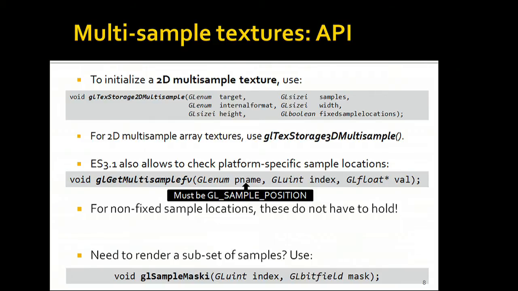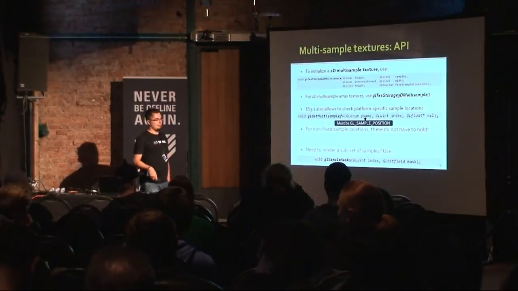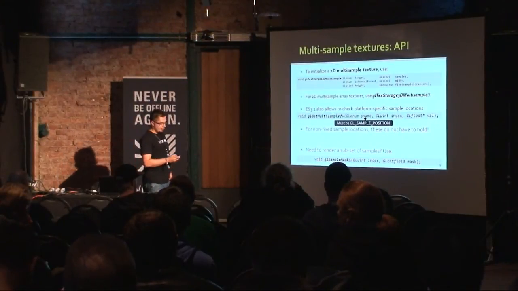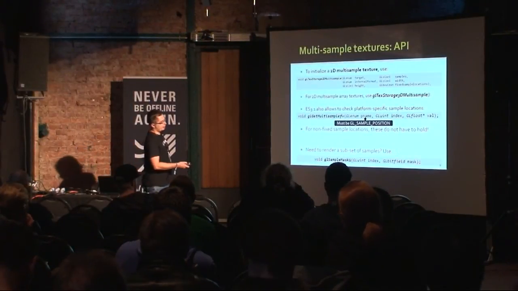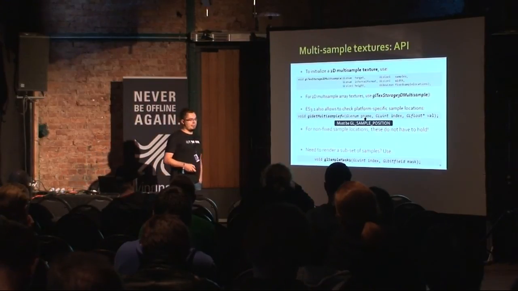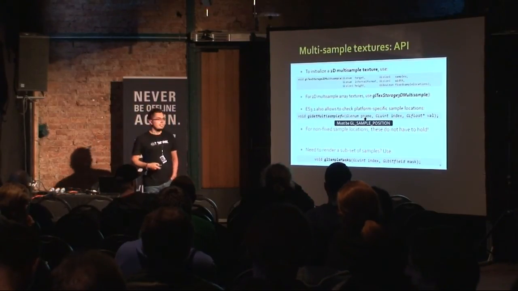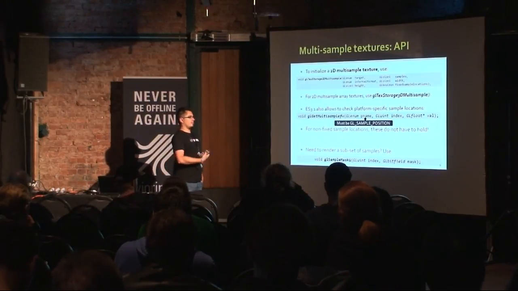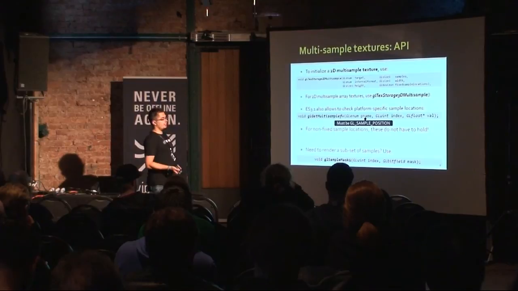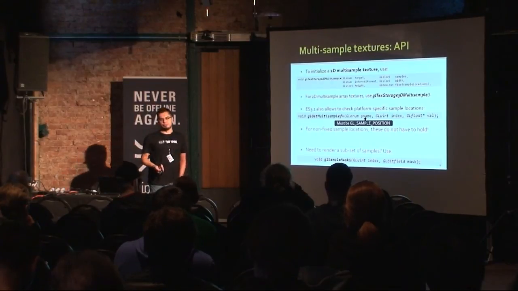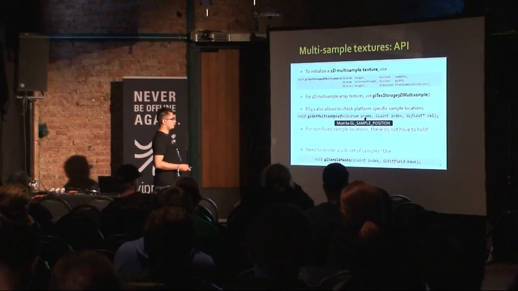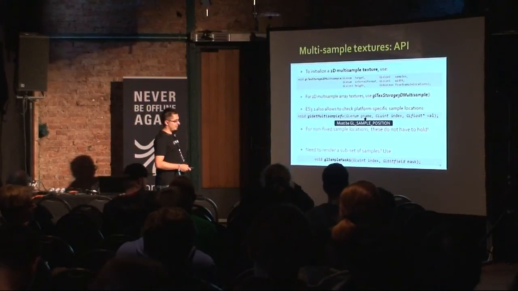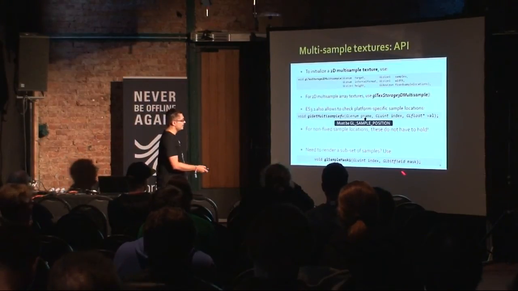Now, the problem about this is that because of the fact that the amount of samples is not that constrained in any way, there is a problem because GLbitfield is a 32-bit type. Now, what would happen if you wanted to say that I want only, I don't know, the 40th sample to be rendered? Now, this is a problem. So what you do in here is that, this is quite difficult to explain, to be honest.